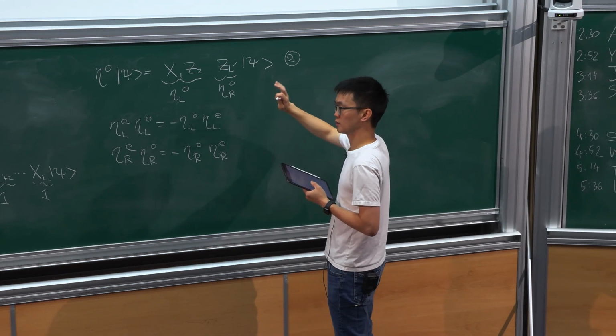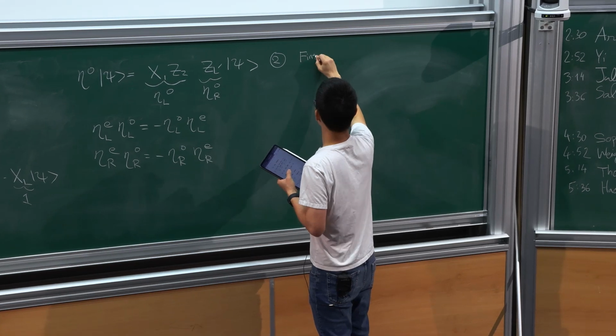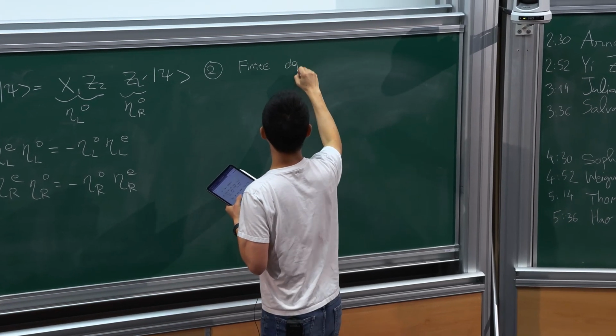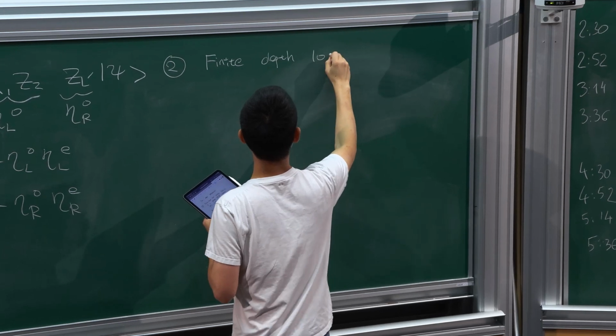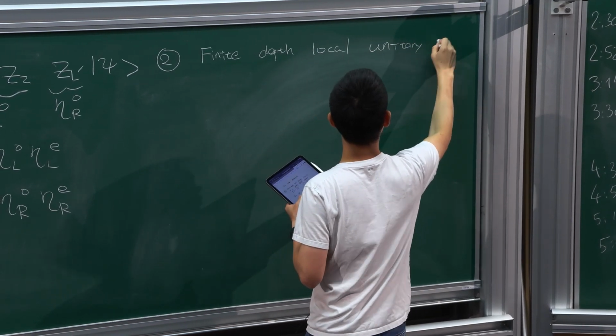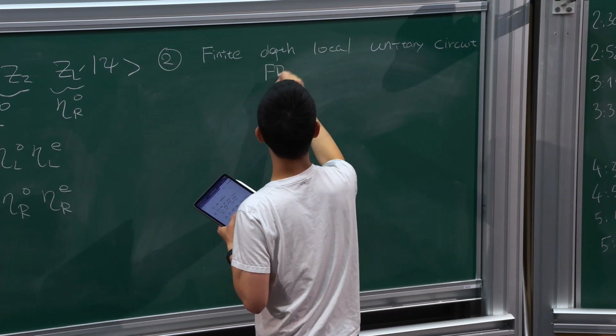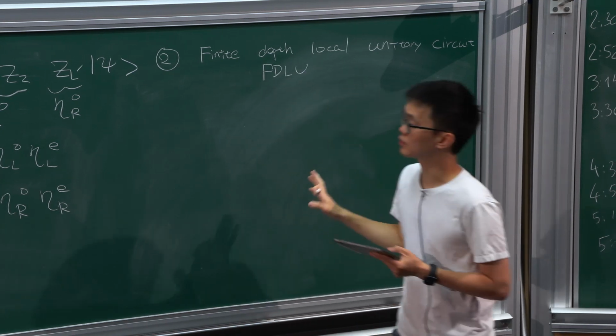Another way to say that the two phases are different is via the finite depth local unitary circuit. But I'm not going to say too much about it.